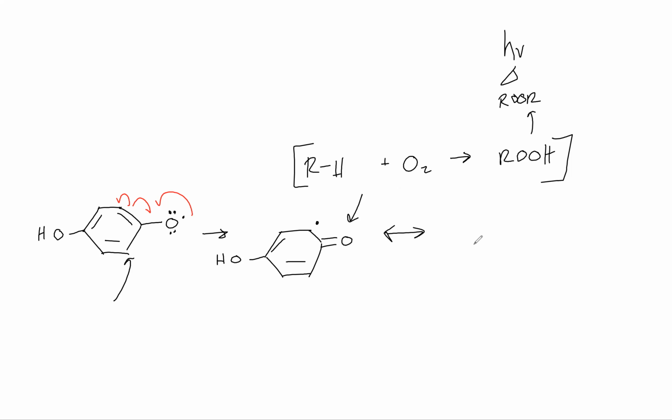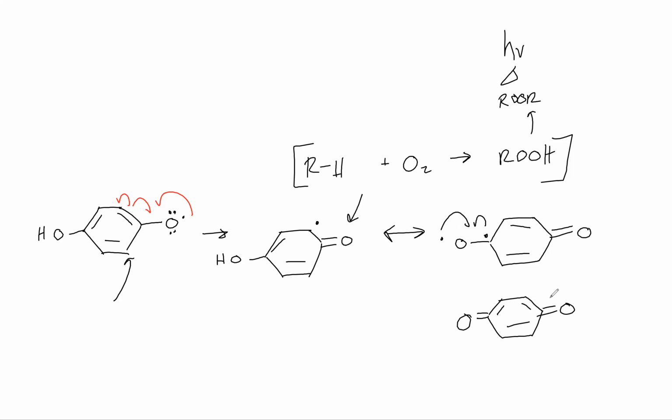If we end up creating a radical on this oxygen as well, we can move the radical over here, double bond here, double bond here, double bond here. The next resonance structure would just combine these two radicals into oxygen double bonds here and here. So with that radical there, we get a lot of resonance, and that stabilizes this whole thing.